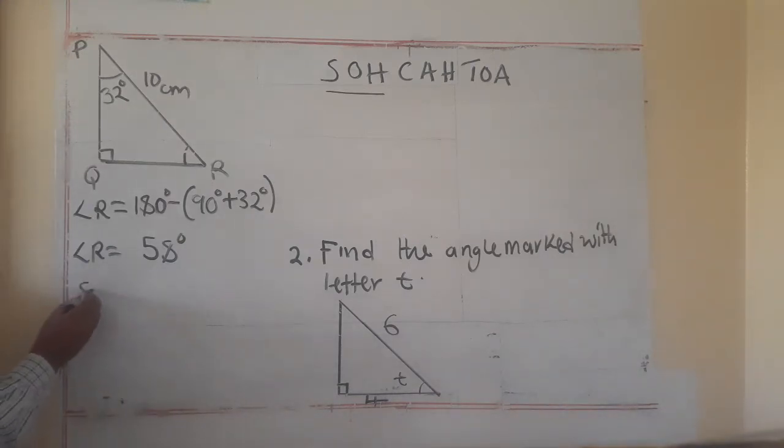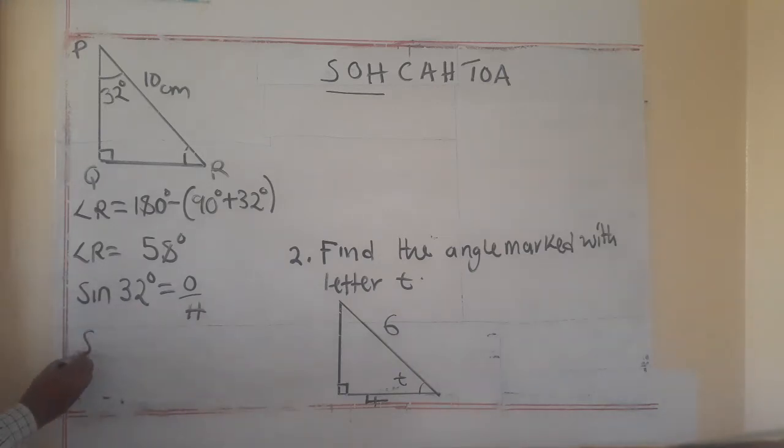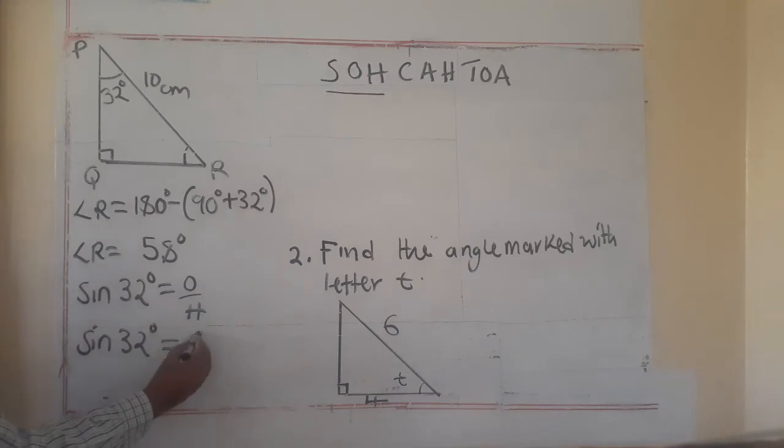Okay? Alright, so we can say sine of 32 degrees is equal to the opposite divided by what? Hypotenuse. So we are saying this is sine 32 degrees is equal to, what is the opposite? The opposite is the one that we want to find, which is QR, divided by, what is our hypotenuse?